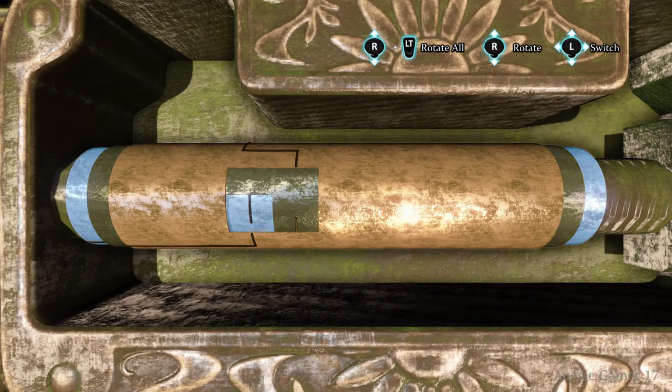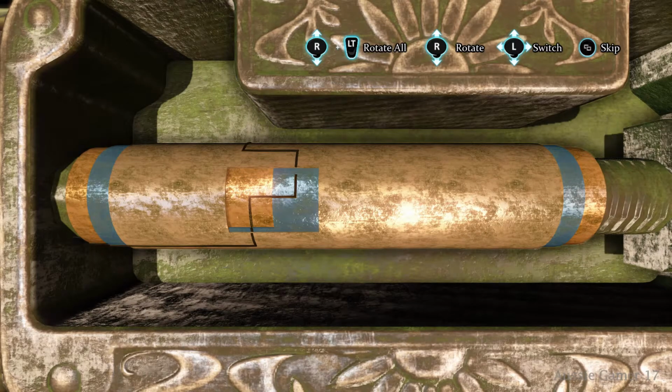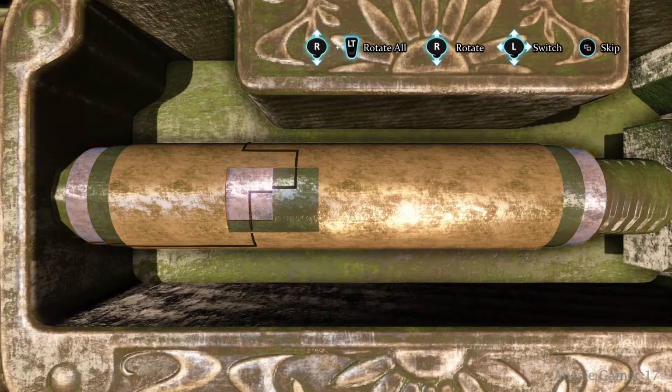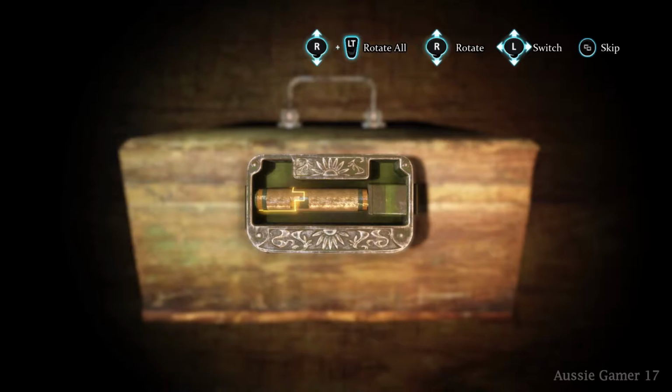What we want to do is match up the lines. It'll make more sense once we go to the right again to part 3, and we'll rotate that as well. Okay, so we want to put that one there, go back to part 2 because I got it a little bit wrong, and line that up, and that's it. Simple as that.